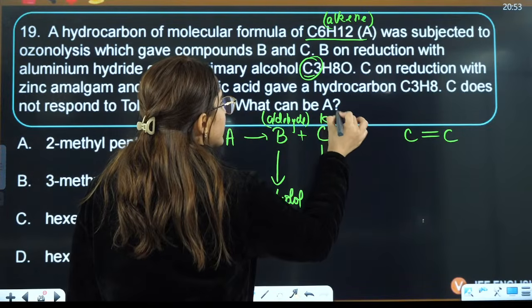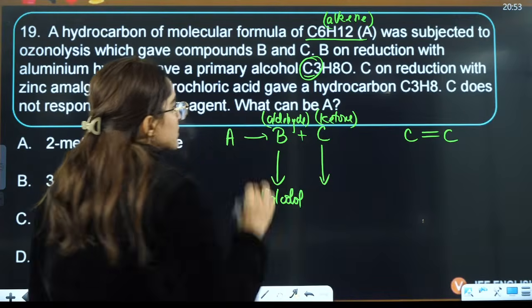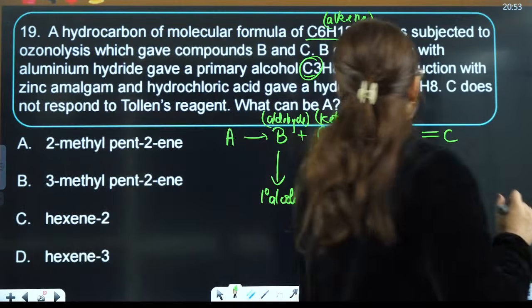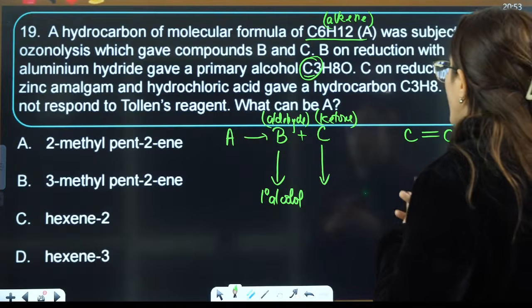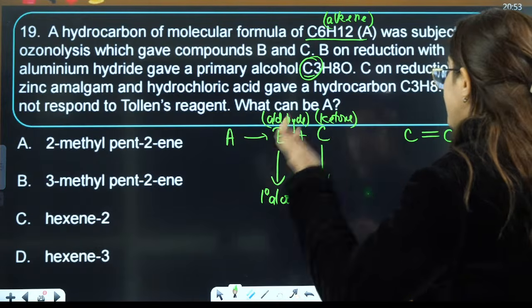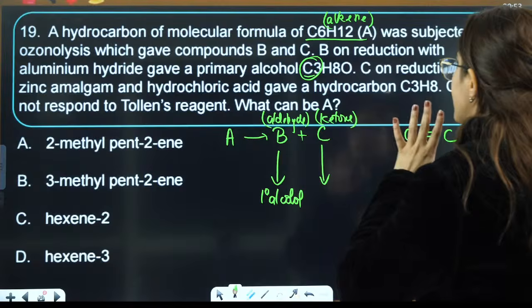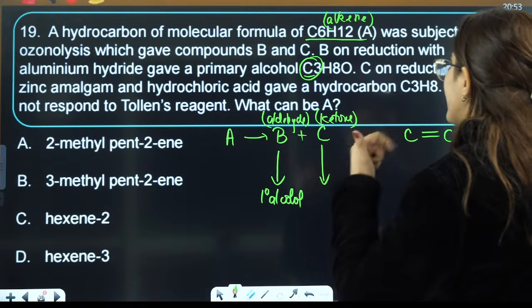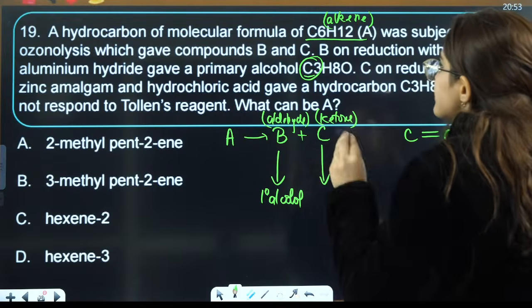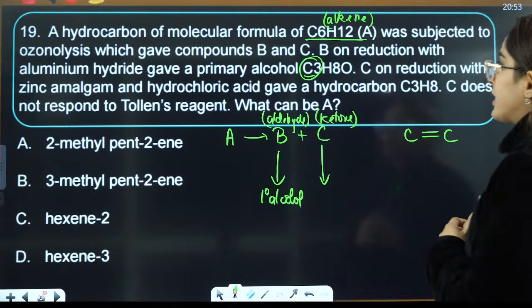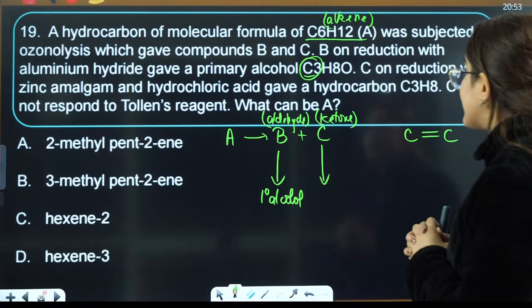That means it must be a ketone. C does not respond to Tollens test. Clemmensen reduction can be given by aldehydes also, but Tollens test cannot be given by ketones, right? So C is definitely a ketone.